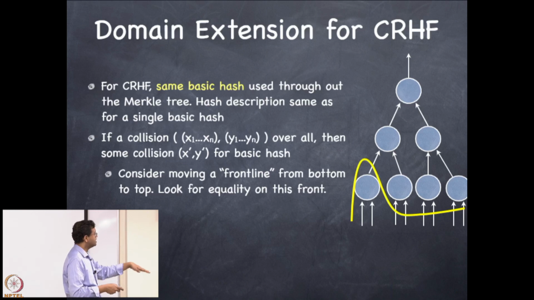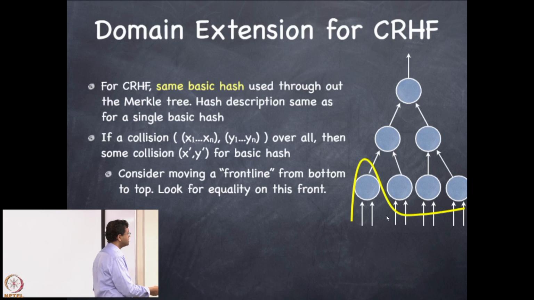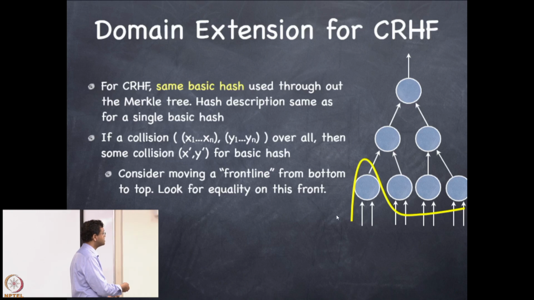Initially I had that. Now suppose I moved this front line up and that invariant disappeared, meaning they became equal. Well, what does that mean? That would mean that all of these are the same for the x computation and the y computation. So this should have been different because I knew that they were different earlier. So the difference should have been here. And further, this is the same in the x computation and the y computation because that's why the invariant disappeared, right?